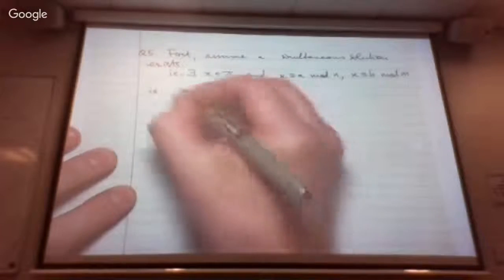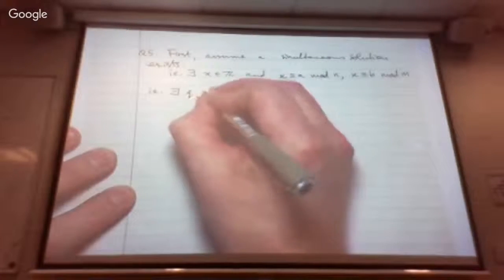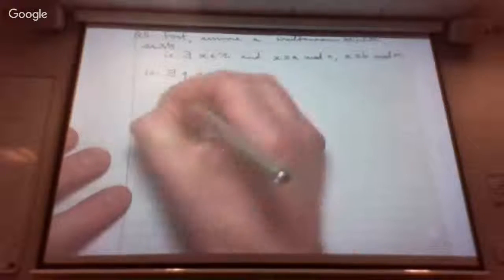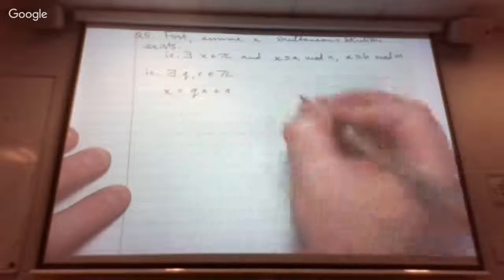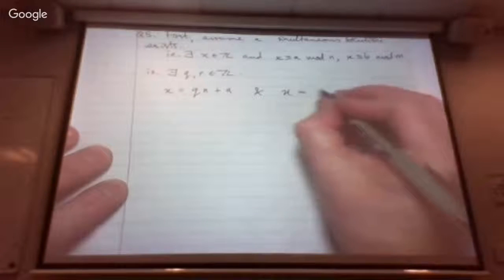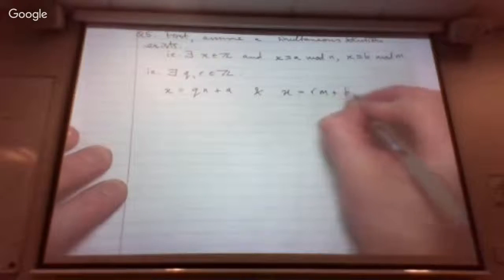I.e., there exist multiples q and r. What does it mean for x to be congruent to a? It means x is equal to something times n plus the remainder a. And what does it mean for x to be congruent to b? It means x is some multiple r of m plus a remainder b.